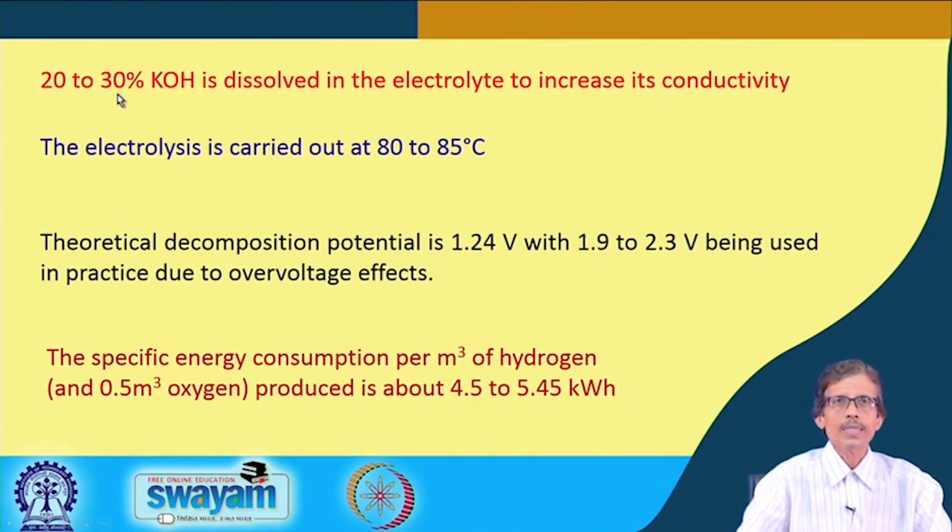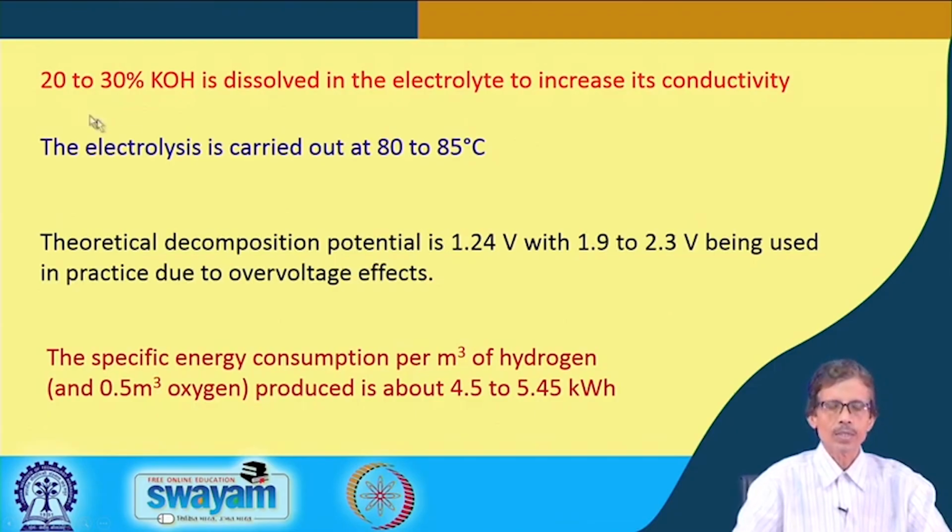Just now we have seen the production of oxygen from hydroxide ions; this can be achieved by the addition of KOH. So, 20 to 30% KOH is dissolved as an electrolyte, because it also increases the electrical conduction. To increase conductivity, the electrolysis is carried out at 80 to 85 degrees centigrade, and because we are producing gases, this temperature is also useful.